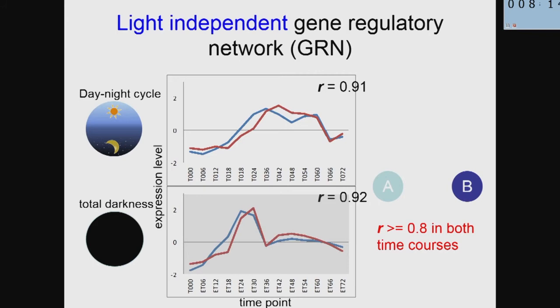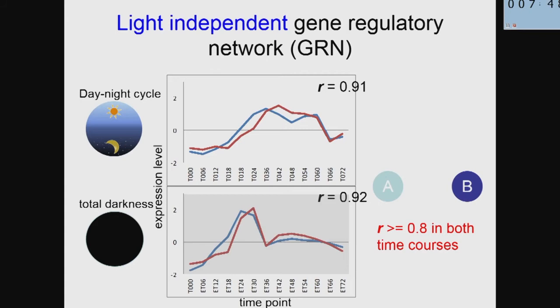And here is one example of how one may look for a light-independent gene regulatory network. So here are 2 genes. In a day-night cycle, the correlation of their expression pattern is 90%, and under total darkness, it's also 90%, 92%, okay?